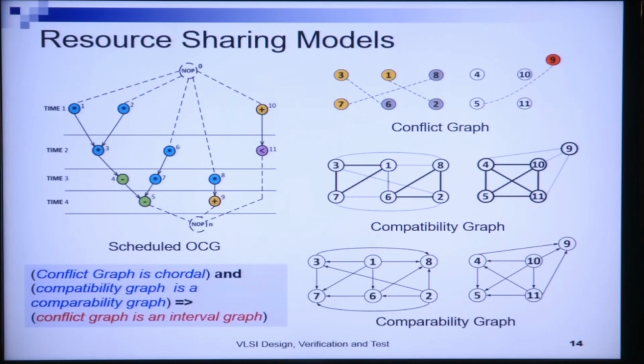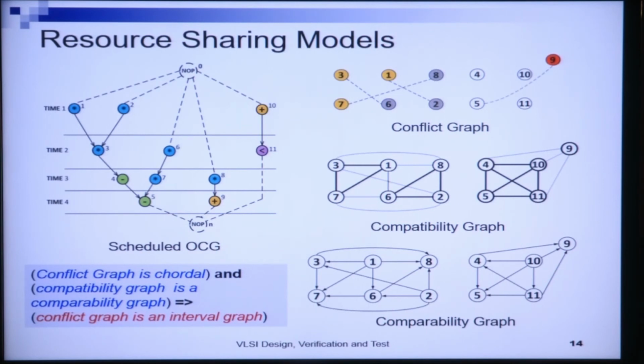There is an orientation from 6 to 7 because 7 starts after 6, and hence there is an edge from 1 to 7 denoting that 7 starts after 1. Such an orientation can be imposed for all edges, and hence this compatibility graph is a comparability graph.